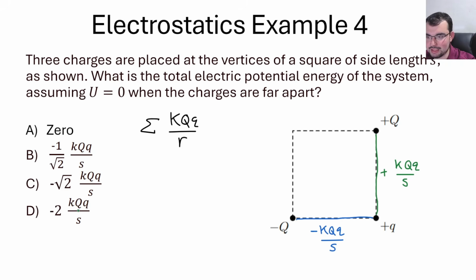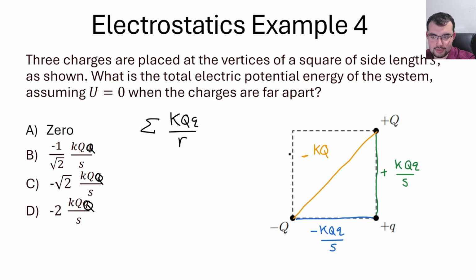But wait, it's not 0 because there is still a third interaction. We have to remember to do all different pairs of this. So we also have to remember to pair up the diagonal. It's negative because they attract. Oh, and I need to fix my Q's here. How will we salvage this? Like that, I suppose.